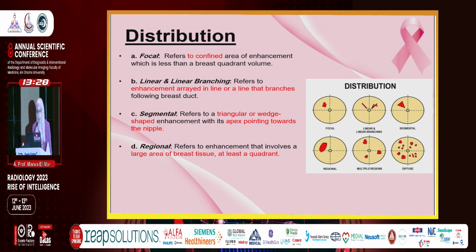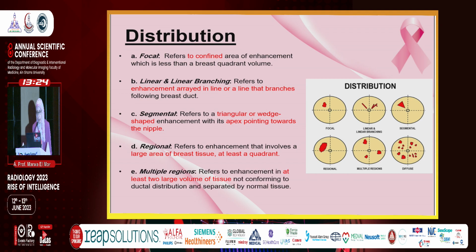Regional is a geographic area or large area of breast tissue, at least a quadrant. Multiple regional, more than one region. And finally, diffuse enhancement, which is randomly distributed throughout the breast.